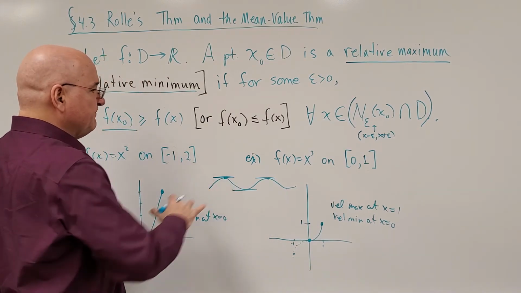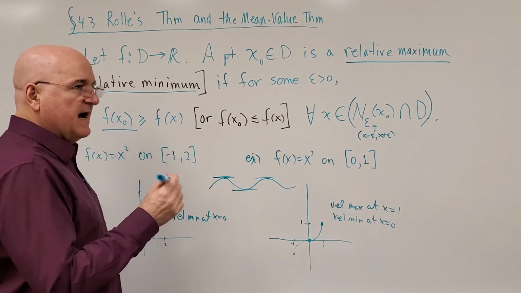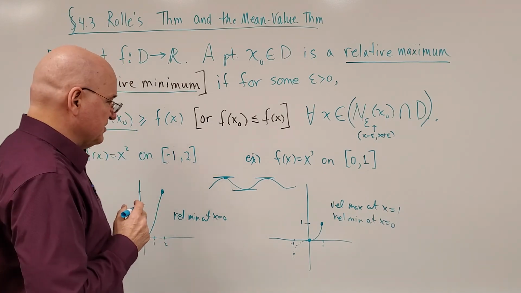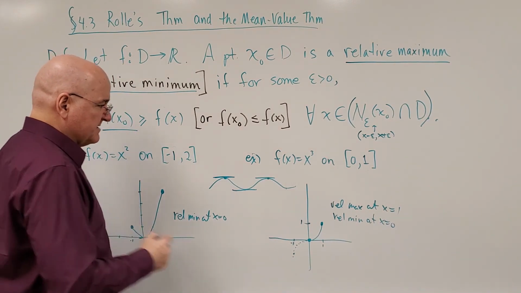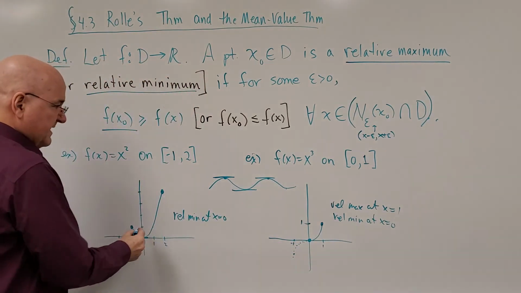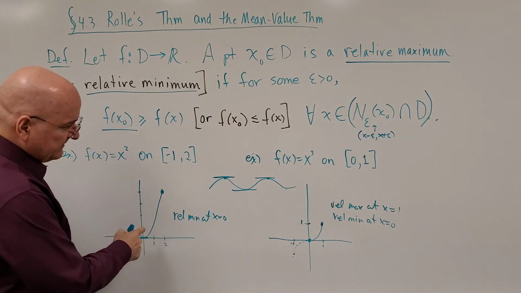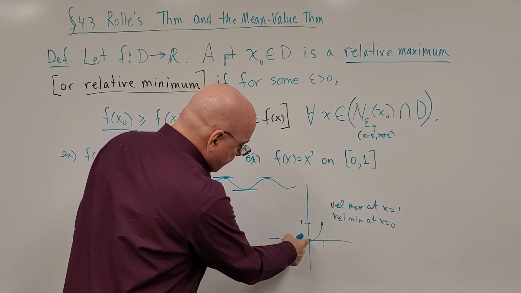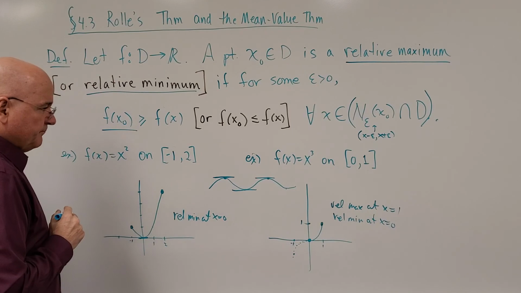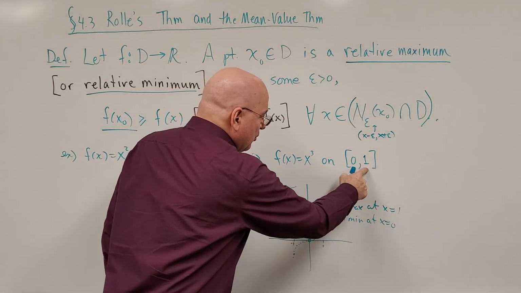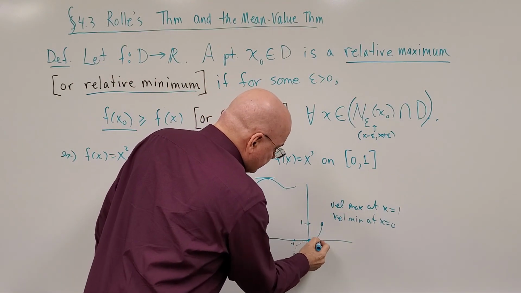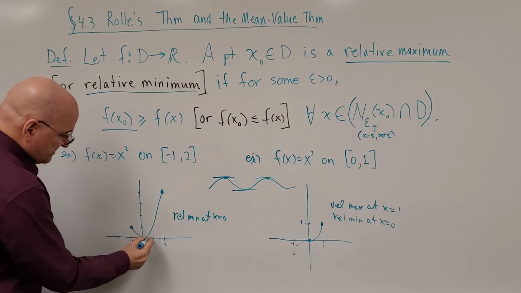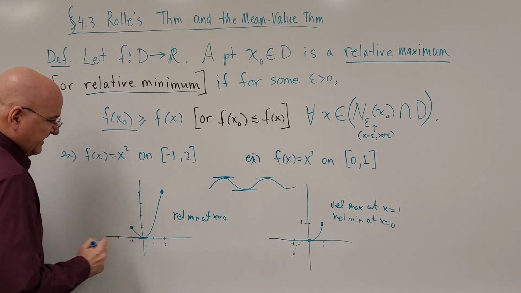So this is kind of the cases where you do not have a horizontal tangent line at the relative minimum or maximum, in this example or in this example. Now, at least in this example, and actually in this example as well, since the domain is 0 to 1, this would have a horizontal line at x equals 0. And this one also has a tangent line at x equals 0.